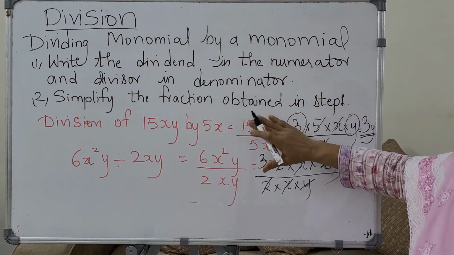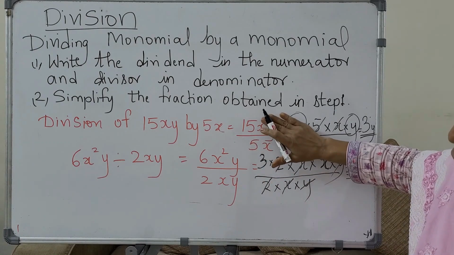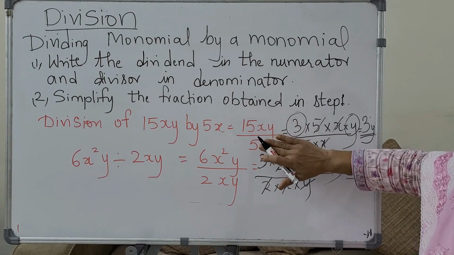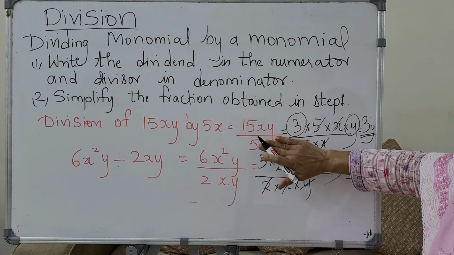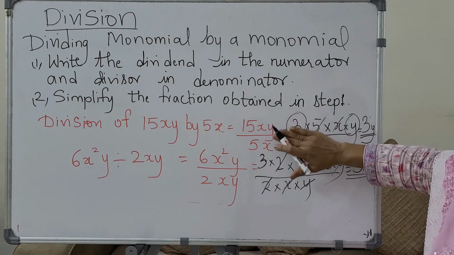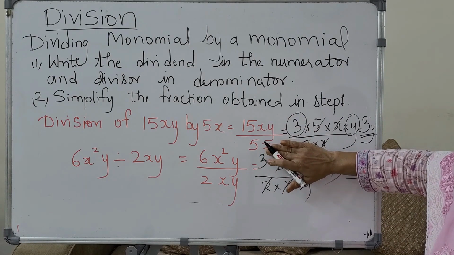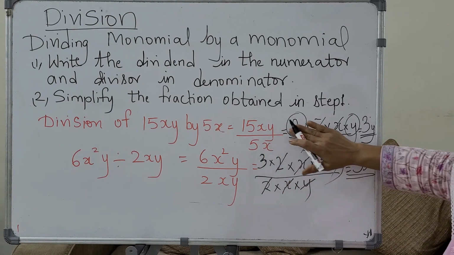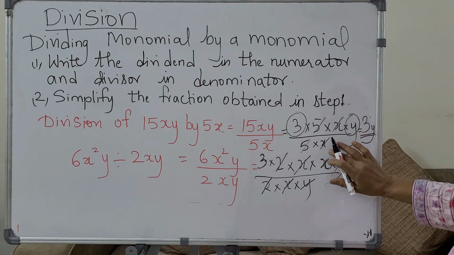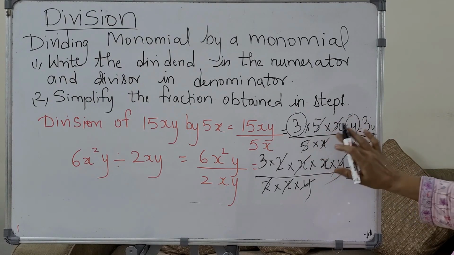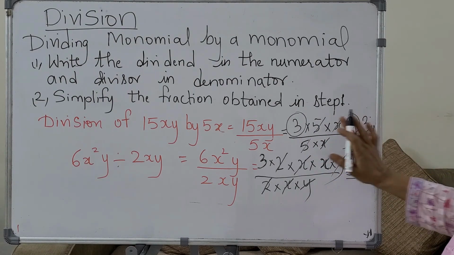So this is how you have to simplify. First you have to put in numerator and denominator what has to be divided and what will divide. So 15xy has to be divided by 5x. So this is how it has to be arranged, and then you have to find the factors, and whatever the same factors will get cancelled and whatever is remaining will be the answer.